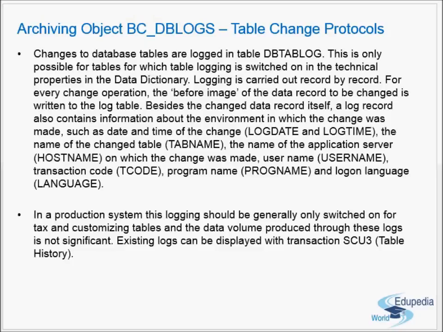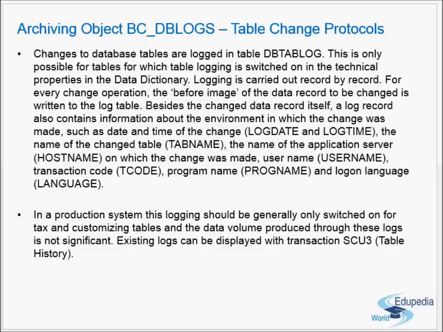Because if this table increases in size, then whenever a change is made to any table and it's written to this table, the performance will be impacted. It can bring your system down. So first, keep fewer tables to be logged. Second, make sure that whatever tables you select for table logging generate fewer changes.